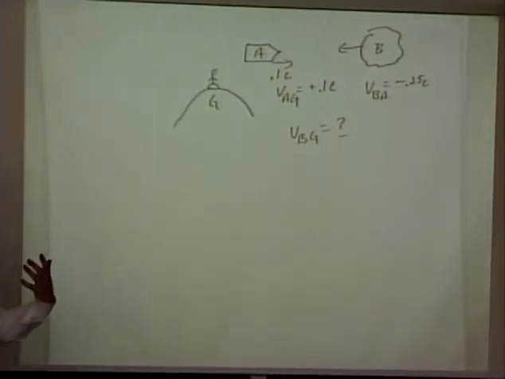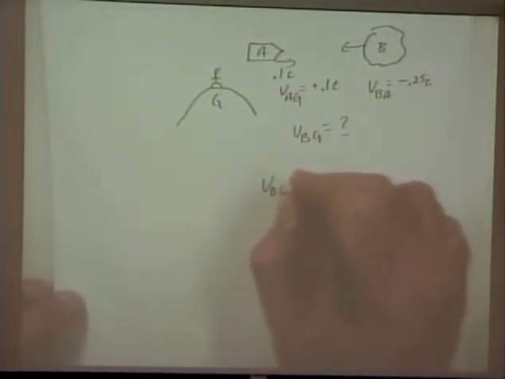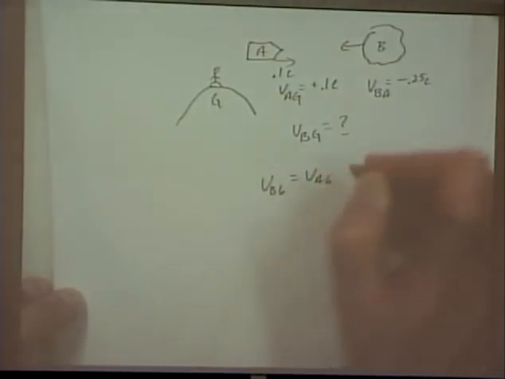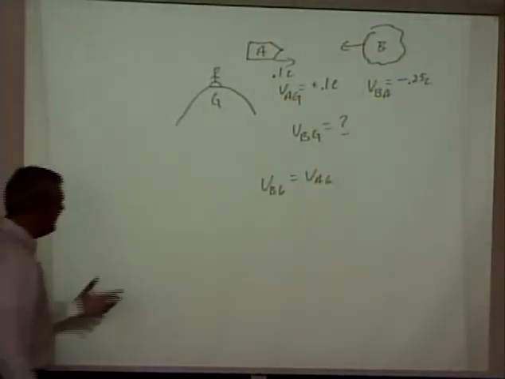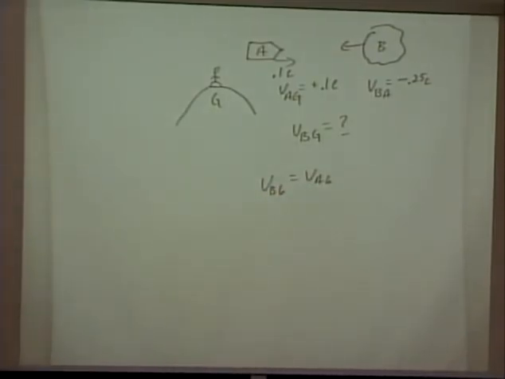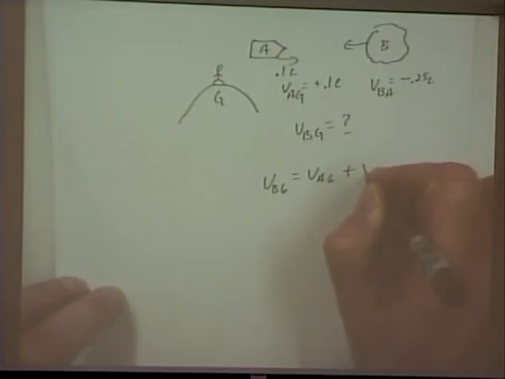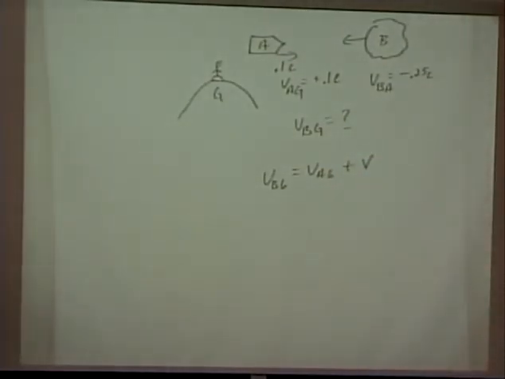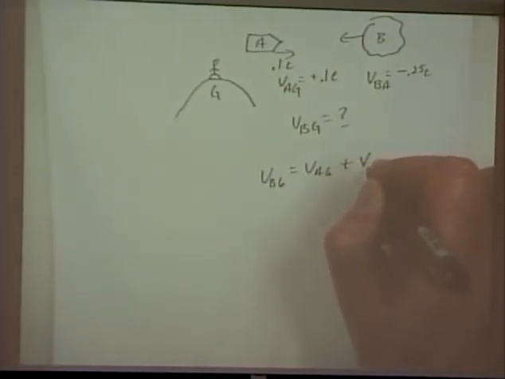All right, well, let's start with Newton. Einstein at least started with Newton. He said, okay, so the velocity of B to G is equal to the velocity of A to G plus the velocity of, hold up, hold on a second.